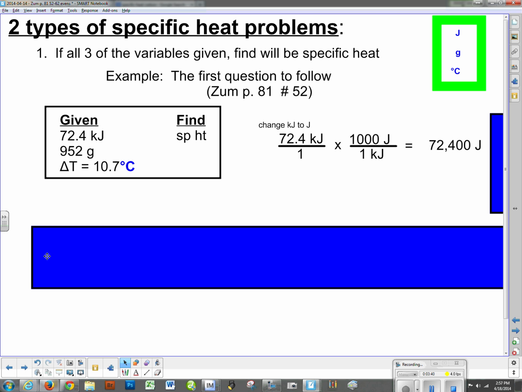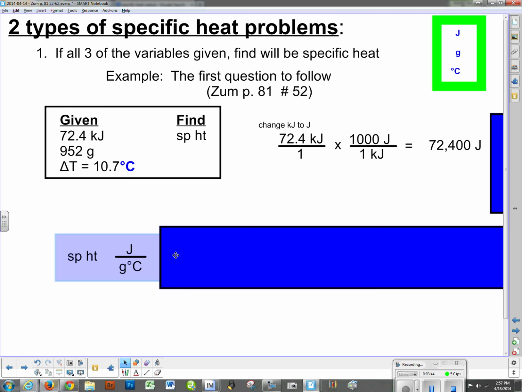Now, when you have that type of problem, understand first of all that that is specific heat. We got that down so far?